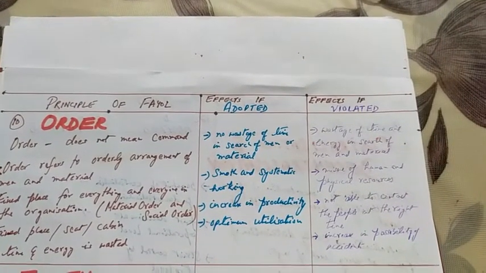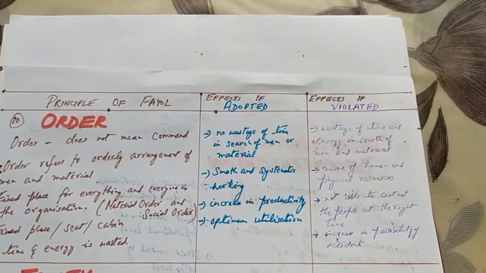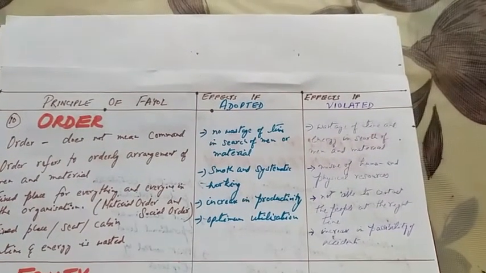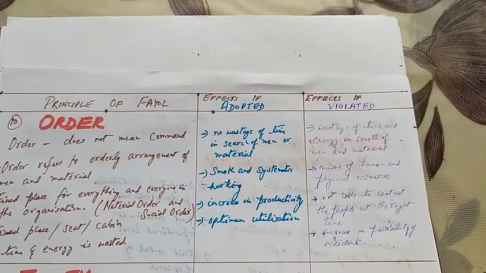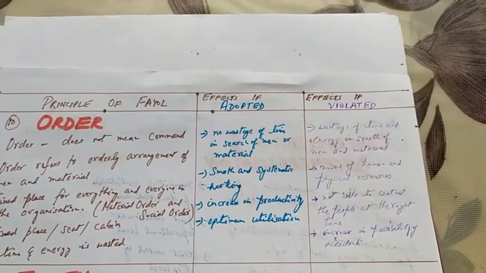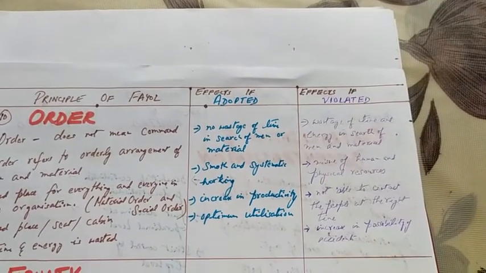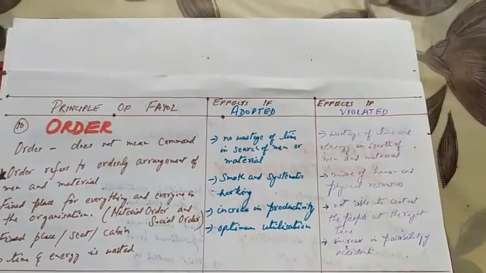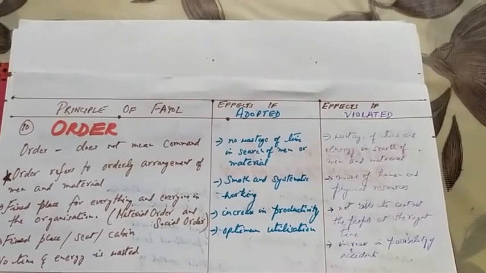Likewise, people who are working at various positions or at various levels of management will have their own workplace or their own cabin or their own office in their department. So that is social order, or the order of men.